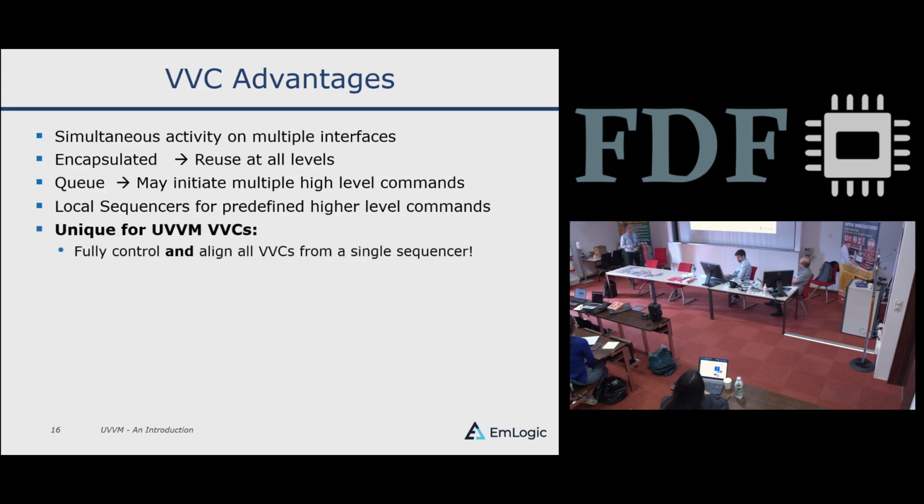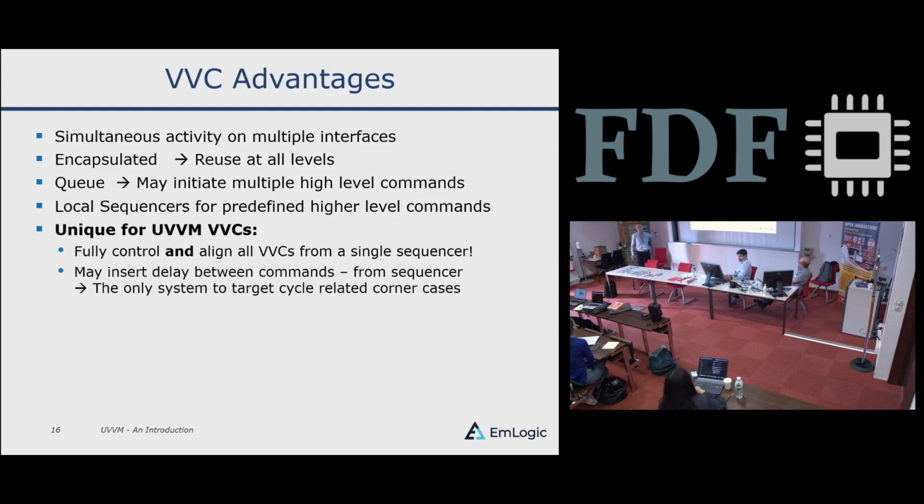And what is unique for UVVM verification components is that you can control everything from one single test sequencer. That's so much different from other systems that allow you to control the different interfaces from different processes, for instance, but then passing semaphores back and forth. That works fine if you have 10 lines in 3 different processes. It doesn't work for a real system.